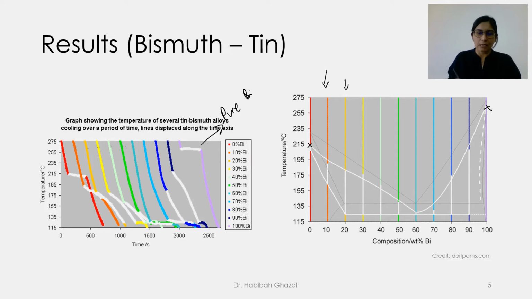But the difference between the isomorphous and eutectic is that you have this line here. This line represents the eutectic reaction. I will talk about this eutectic reaction in detail in this lecture.